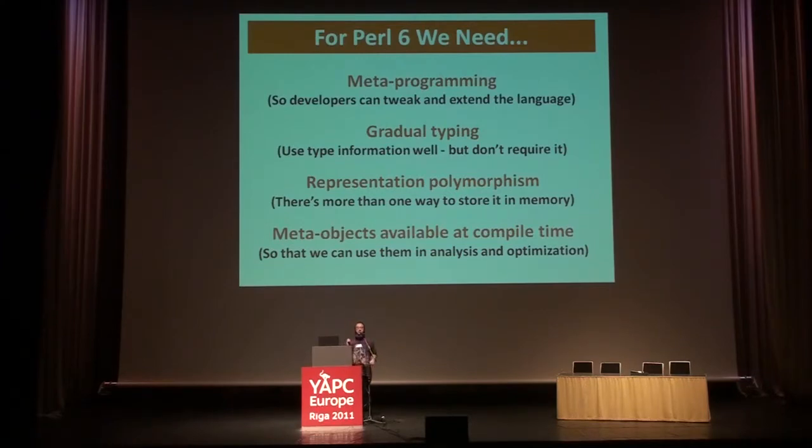We needed to do this gradual typing thing, which I mentioned. We also needed to do something called representation polymorphism. This is a very Perly idea because basically there's more than one way to do it. And in this case, it's more than one way to store an object in memory. If you imagine that you're writing some object which is going to represent a pixel on screen, you want it to have very tightly packed numbers in there because you might have a million of them in memory.